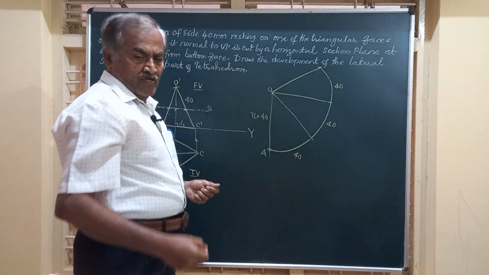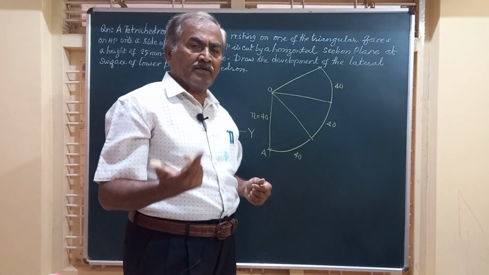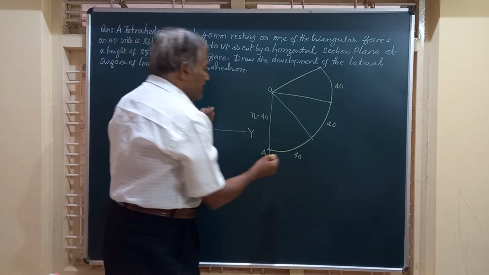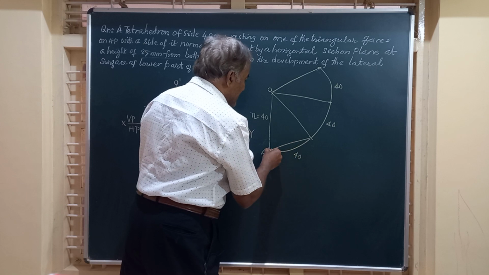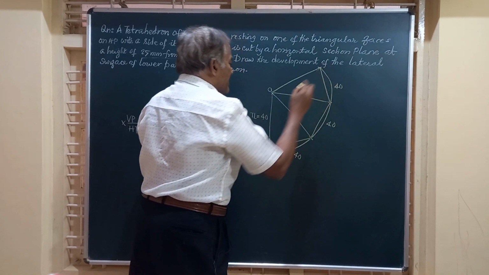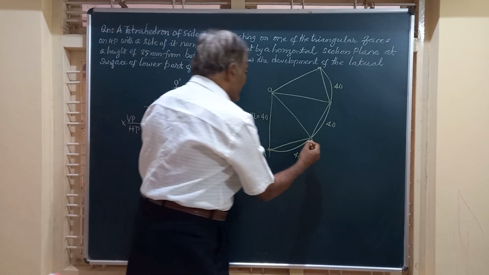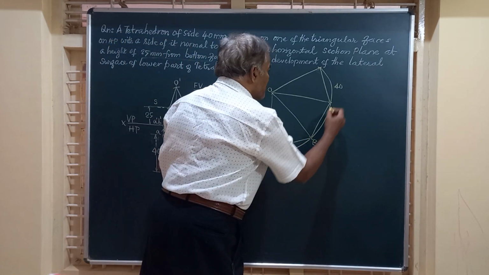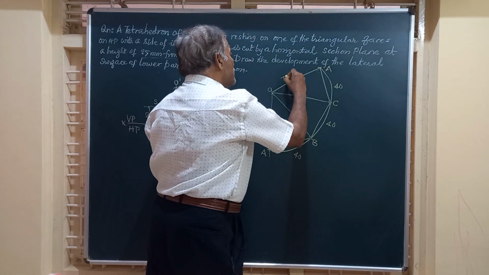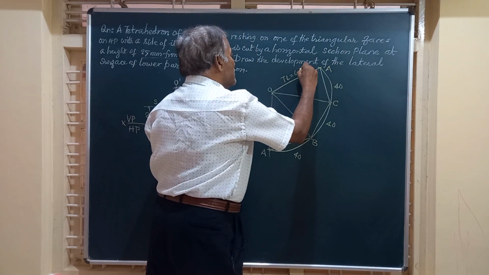And see, similar to any of the pyramids, the bottom face will have the straight edges. So I am going to join this by a straight line, this by a straight line and this edge by a straight line. And if I am starting from A, this is B, this is C, and again this is A. This length is also equal to the true length, 40 mm.